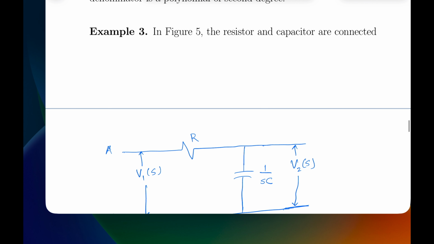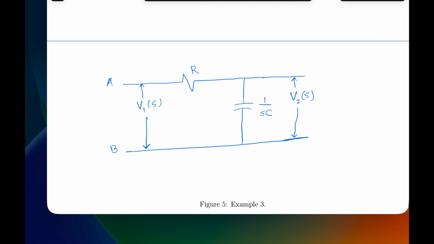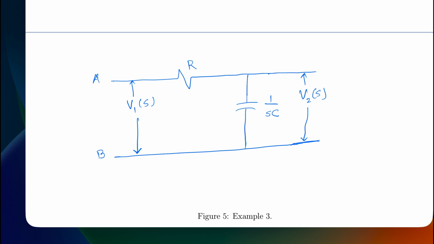Now consider example 3. We have shown a two-port network. This is one port and this is another port. Between the points A and B, we have a resistor R and a capacitor C connected in series. V1(s) is the input voltage and V2(s) is the output voltage across the capacitor.